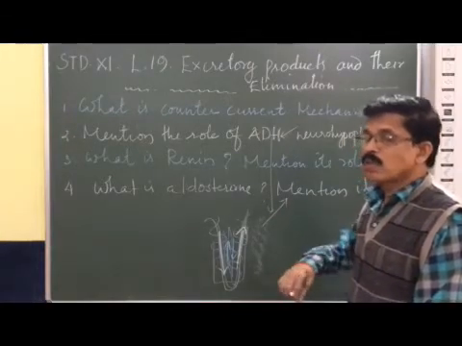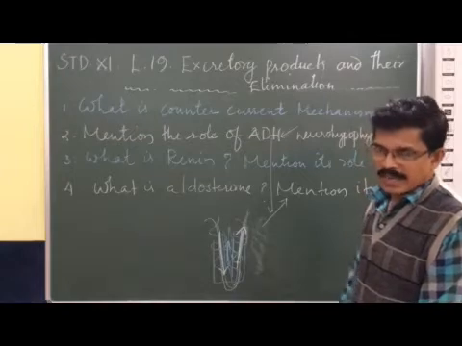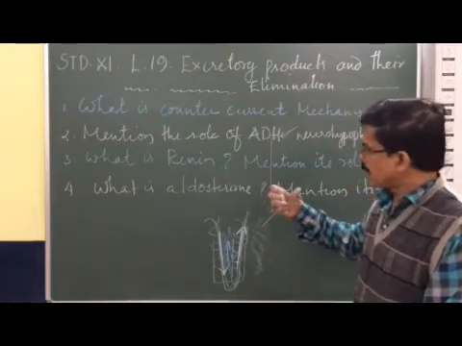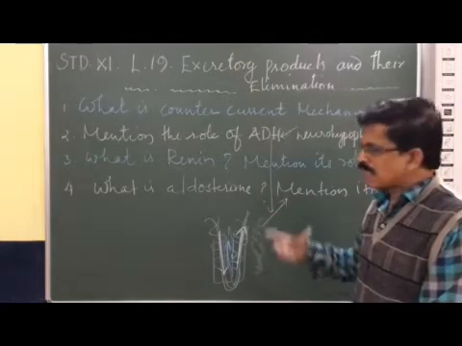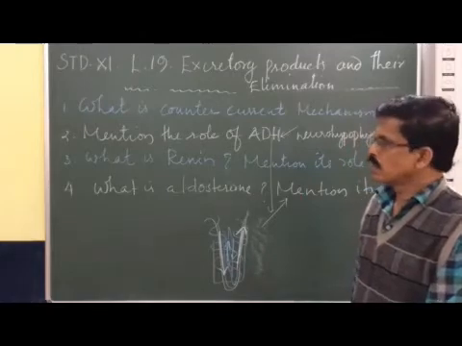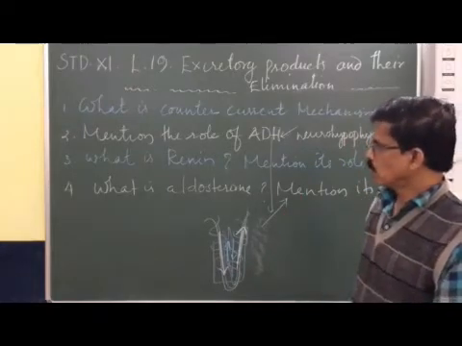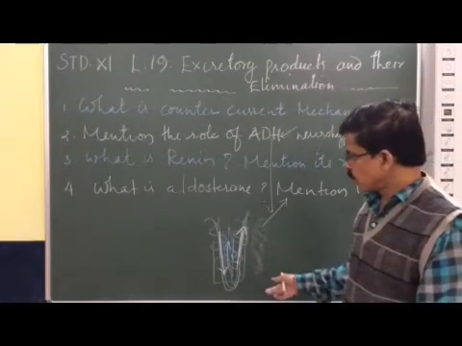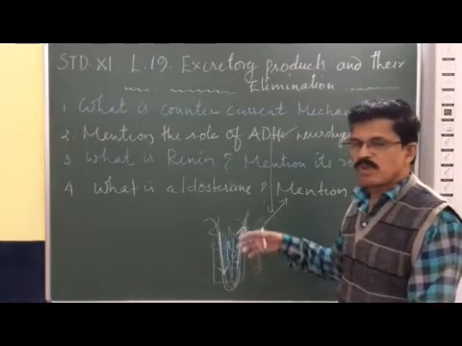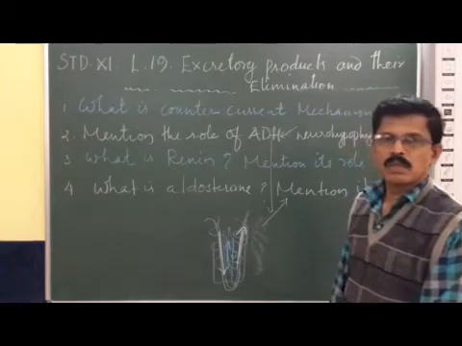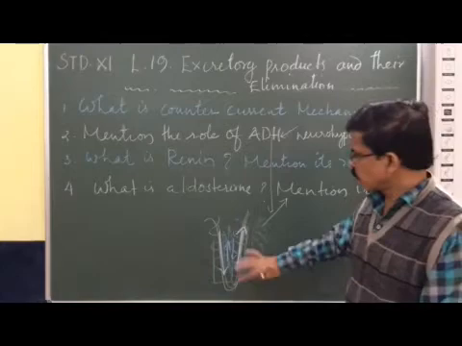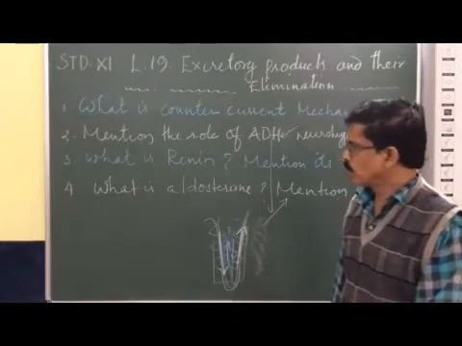So it increases the glomerular filtration rate by constricting the blood vessels. These are the two roles of ADH. ADH helps in the reabsorption of water into the body fluid so that the urine will be concentrated. When ADH is not there, the urine will be dilute, meaning no reabsorption of water takes place into the body fluid.